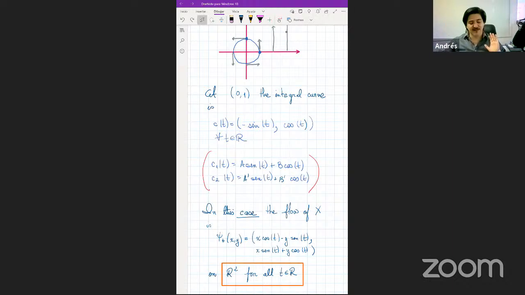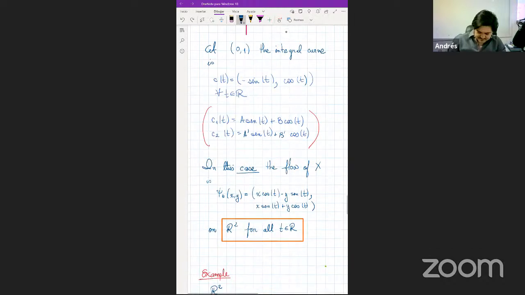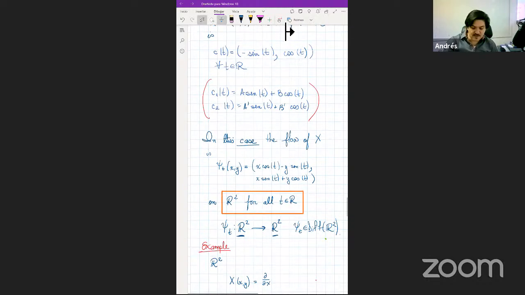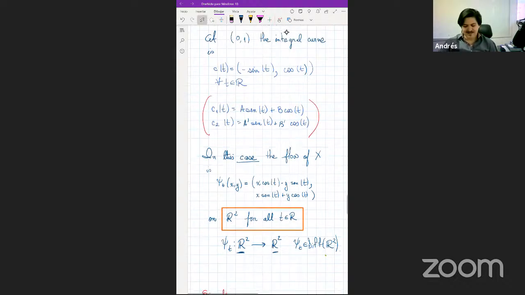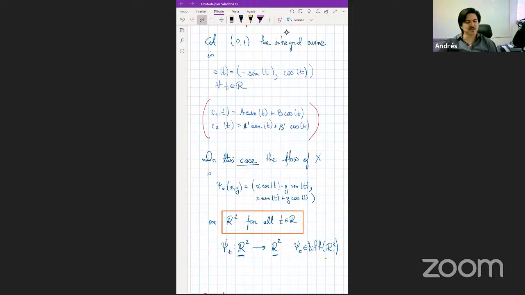So those functions are indeed defined on all of the open set, and they are truly diffeomorphisms. The theory only tells us that on a smaller set you may define them, but here it happened that there's no restriction whatsoever. I can do it on the whole space of R2.